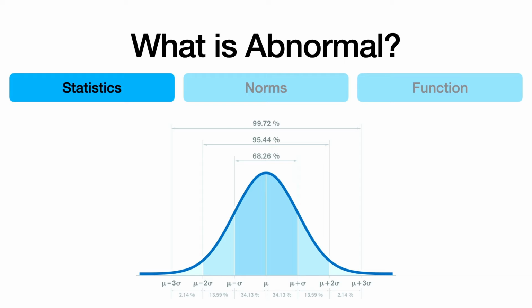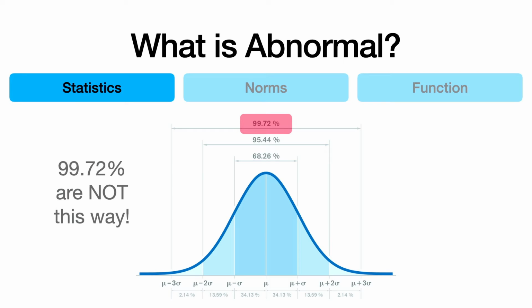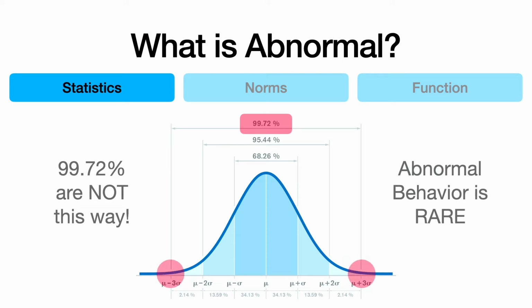Now, keep in mind, this is just the statistical tool. So if statistically something is very rare, in that the 99.72% don't have this, they don't act this way, they don't have that behavior, then we say that that's abnormal. We would say abnormal behaviors are rare, and they're the ones that exist in this far-reaching area here.